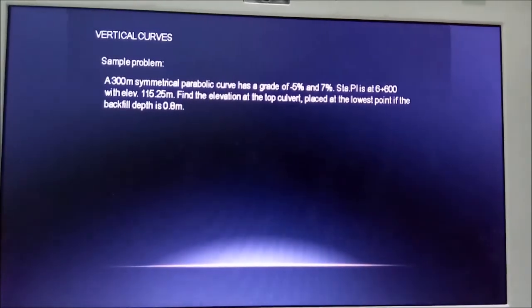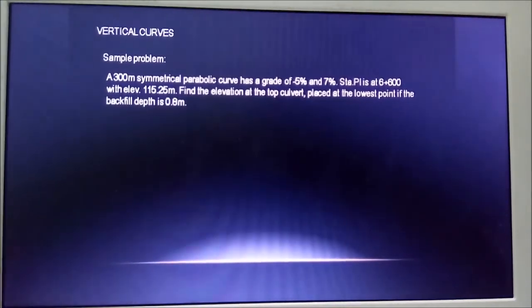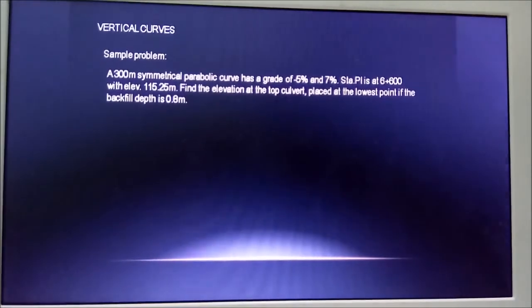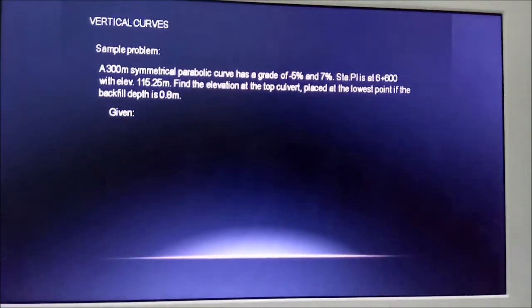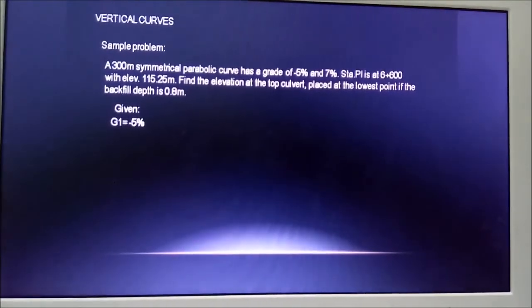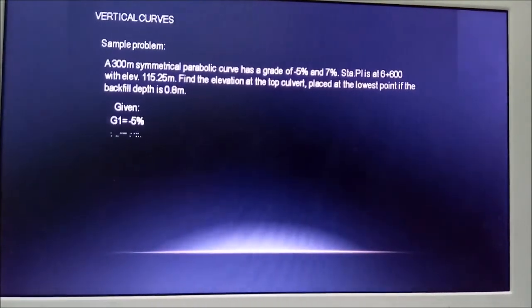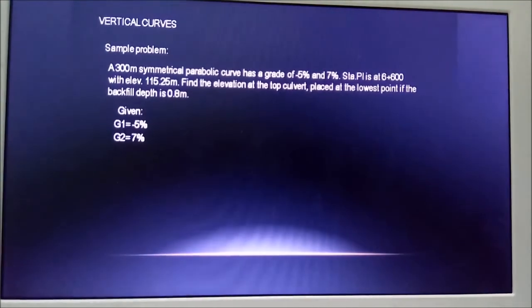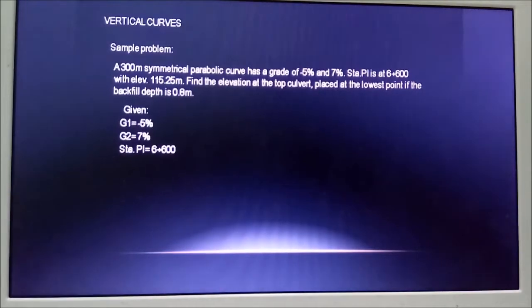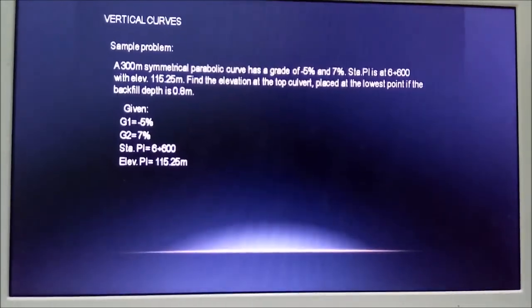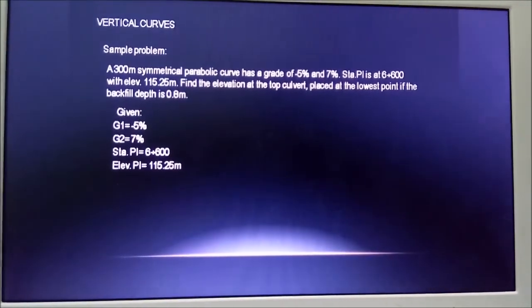Find the elevation at the top of a culvert placed at the lowest point if the backfill depth is 0.8 meter. Given: G1 is equal to -5%, G2 equals 7%, station PI equals 6 plus 600, elevation PI is equal to 115.25 meters.